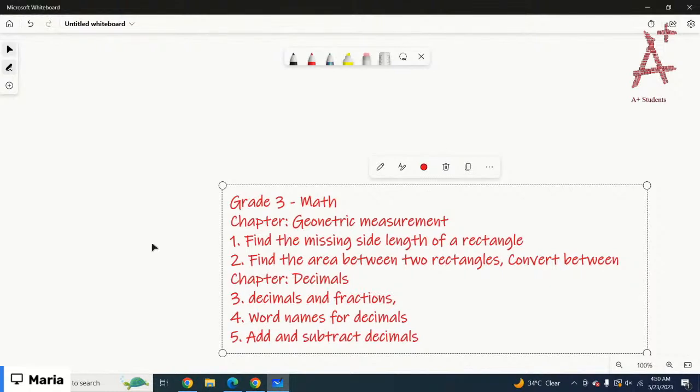If you have any question related to grade 3 maths from any chapter from your homework, just write down the question in the chat box. I'm here to explain all your problems and confusions if you have any.